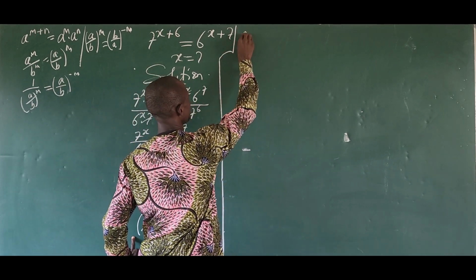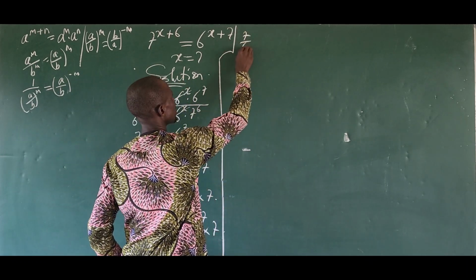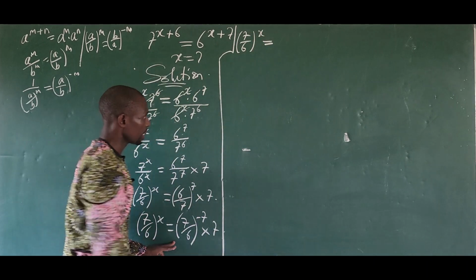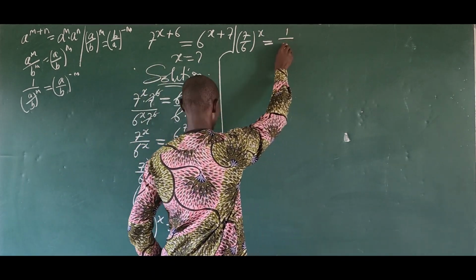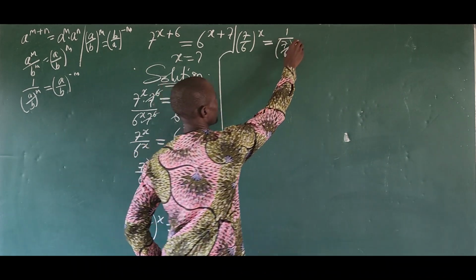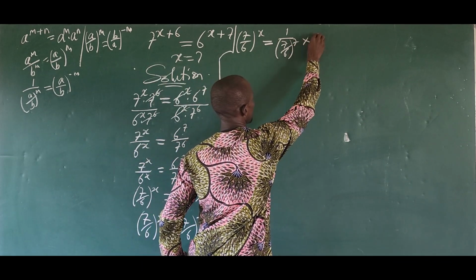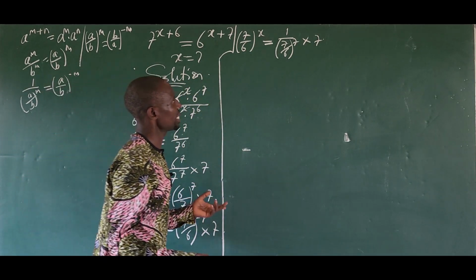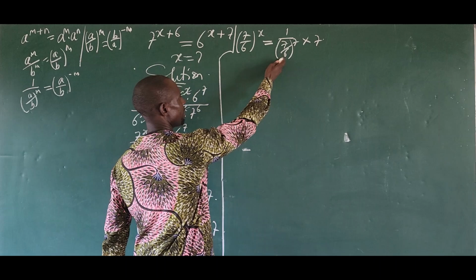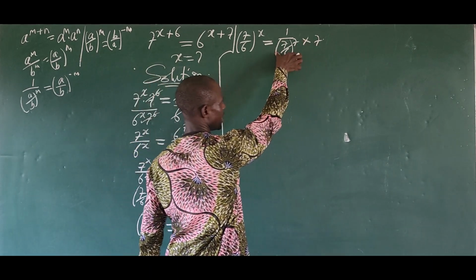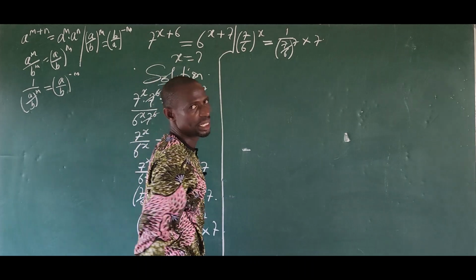We're going to have (7/6)^x equal to 1 over (7/6)^7, times our 7. Easy. So what we do next is this: we have to eliminate this, and for us to eliminate it, we multiply this side by this quantity and this side by this quantity.